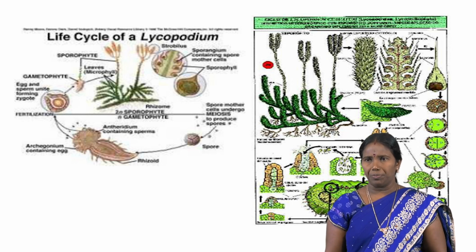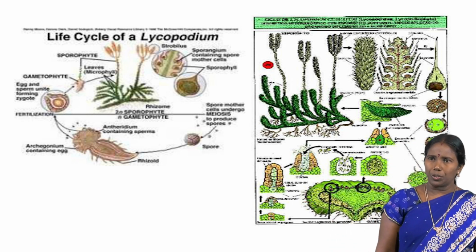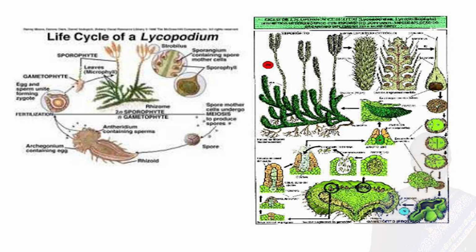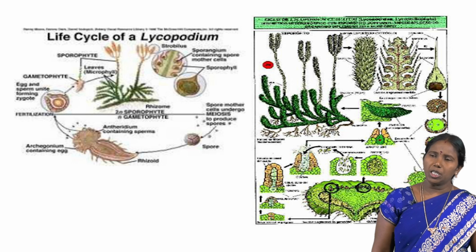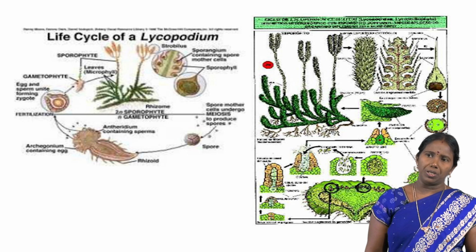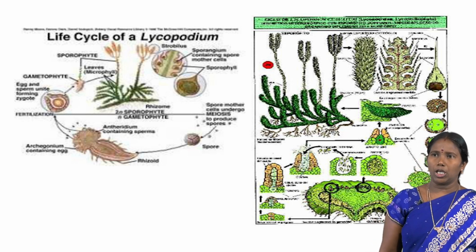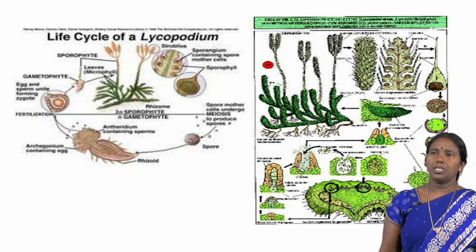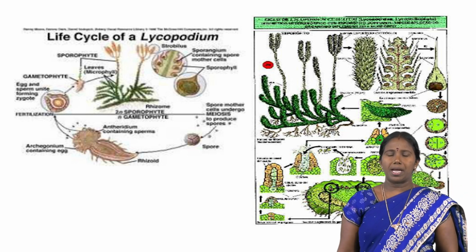The Lycopodium produces cones, cones bear microsporophylls, microsporophylls produce microspore mother cells, and the microspore mother cells undergo reduction division to produce spores. Spores produce the prothallus, containing antheridium and archegonium. The antheridium produces sperm, the archegonium produces egg, and sperm and egg fuse to form the zygote. The zygote gives rise to the sporophytic generation, that is the diploid condition.